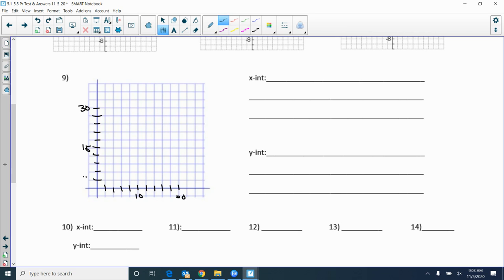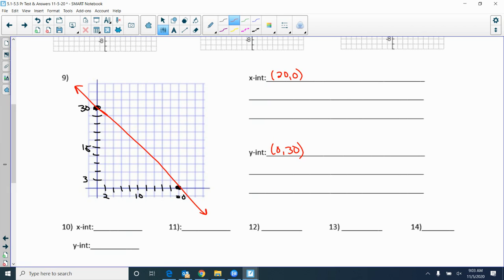So I go up by 3s, and I go across by 2s. So 0, 30 would be here. 20, 0 is there. X-intercept listed as 20 comma 0, and y-intercept listed as 0 comma 30.